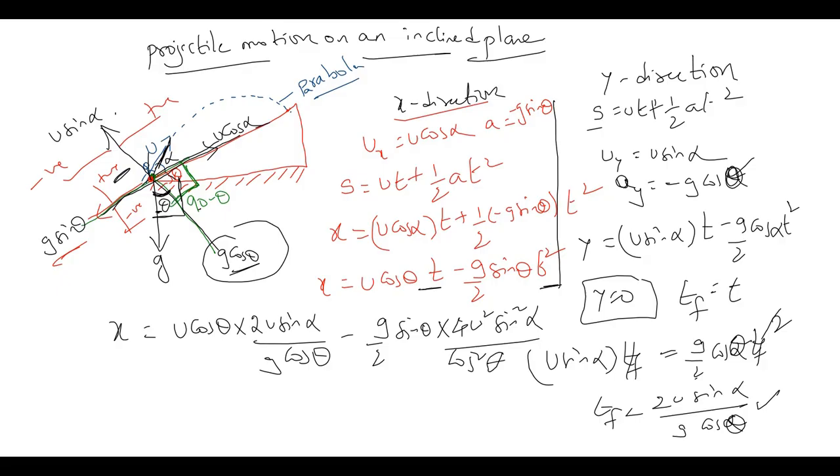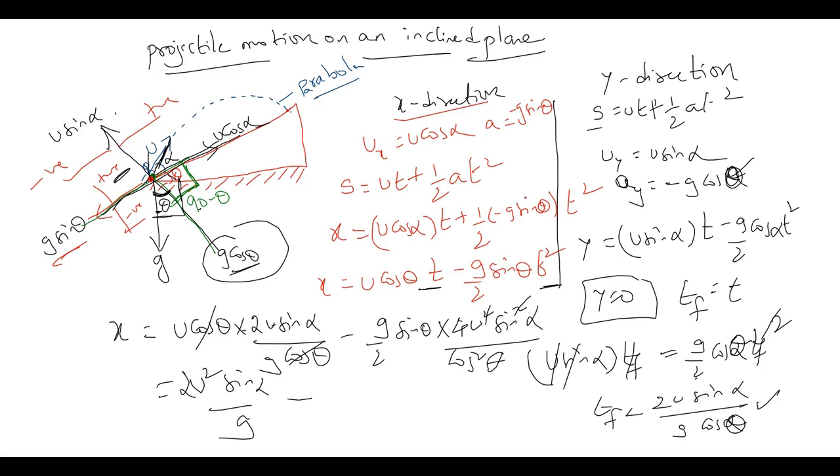Then cos theta cancels, 2u square sin alpha by g, minus, here 1 u will get cancelled, 1 sin alpha will get cancelled.